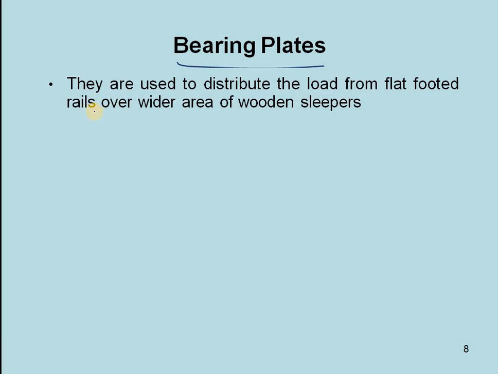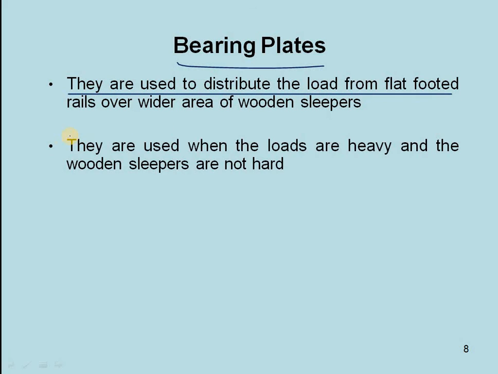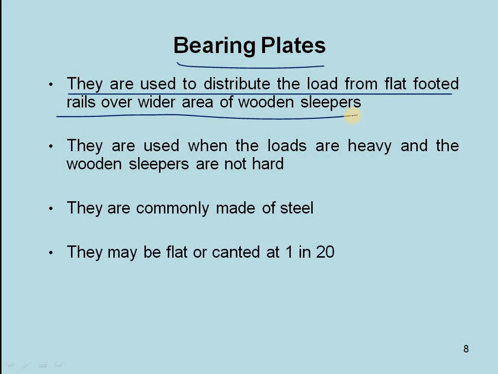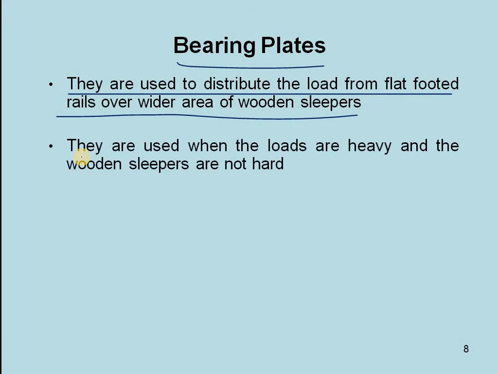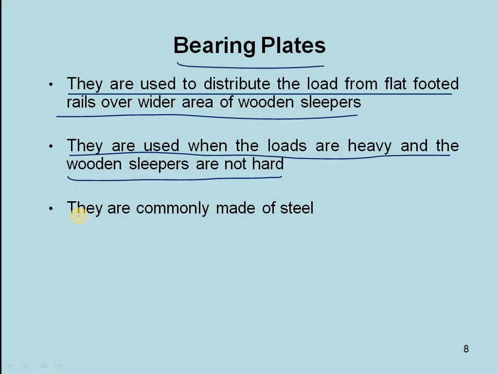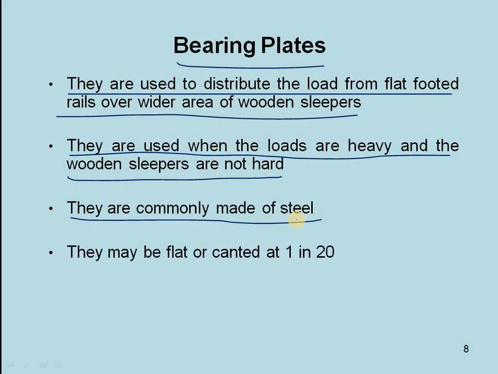Bearing plates are used to distribute the load from flat footed rails over a wider area of wooden sleepers. They are used when the loads are heavy and the wooden sleepers are not hard, and they are commonly made of steel.